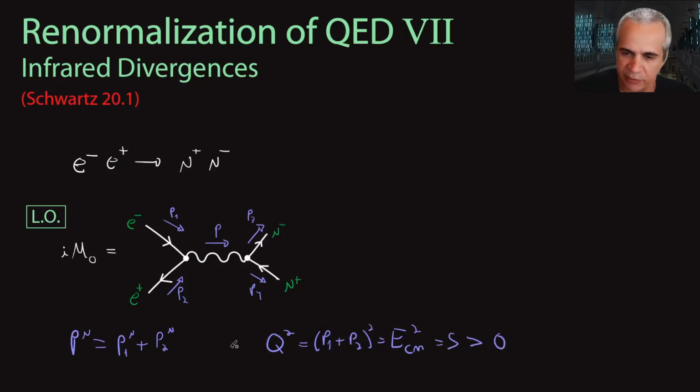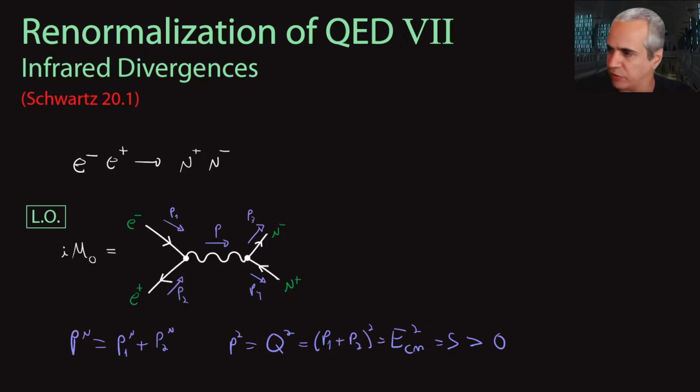For the S channel, this P squared is equal to Q squared, but I'll use Q squared during most of the calculations to highlight the fact that this is always positive, so you don't get confused by a P squared that can be positive or negative in different channels.